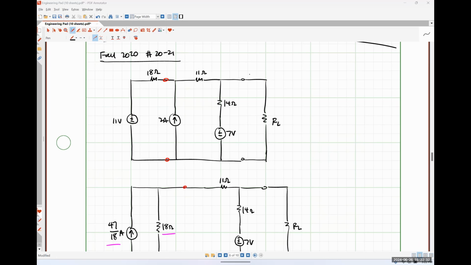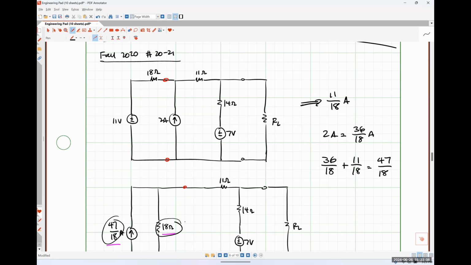Great. When I did my source transformation here, I wound up with an 11/18 amp source in parallel with a 2 amp source. 2 amps is the same thing as 36/18, if my mental math is correct. So 36/18 plus 11/18 is 47/18. Then I multiplied 47/18 by 18, which gives me 47.